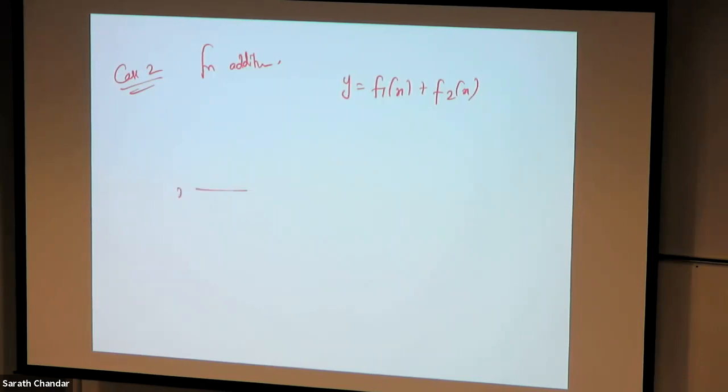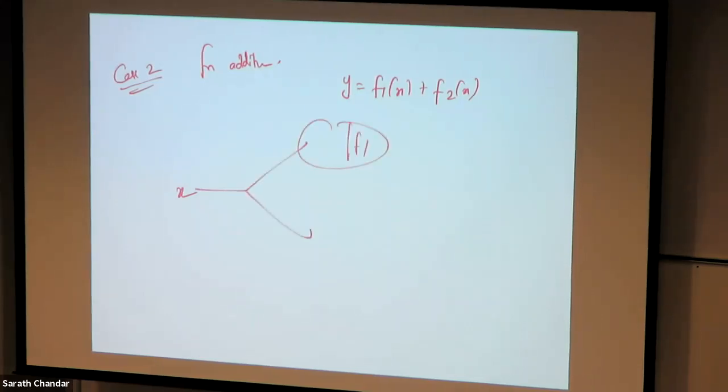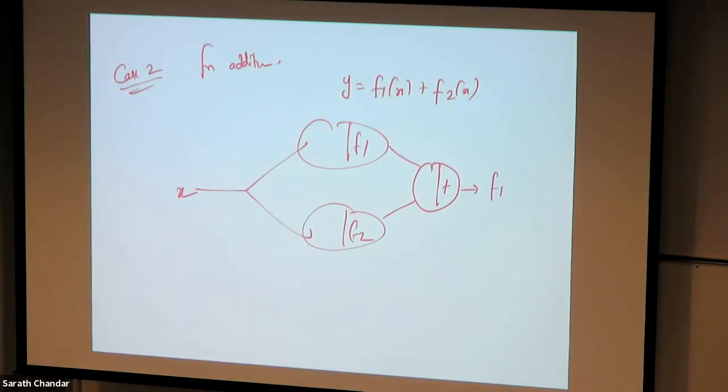I take X and pass X to 2 functions, the F1 function and the F2 function. Now I have to add them together, so I have an addition function, and this addition gives me the output, F1 of X plus F2 of X.